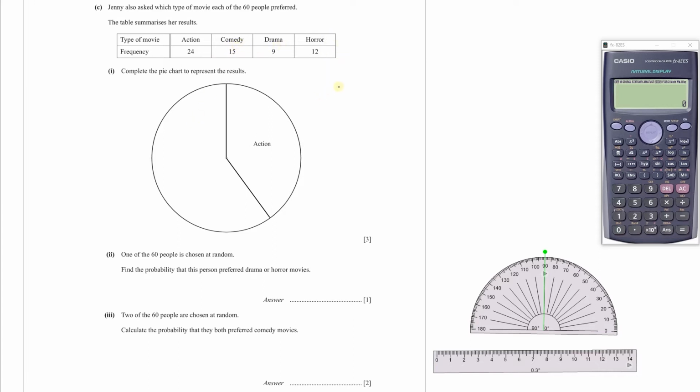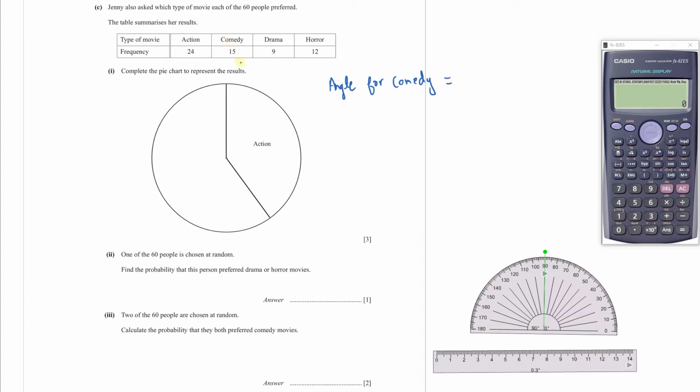So let's first calculate the angle of the sector in this pie chart that will be occupied by comedy.